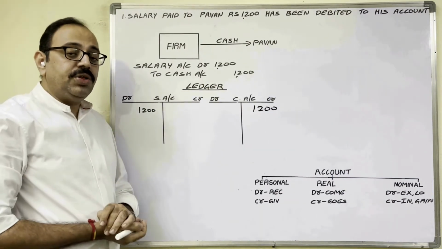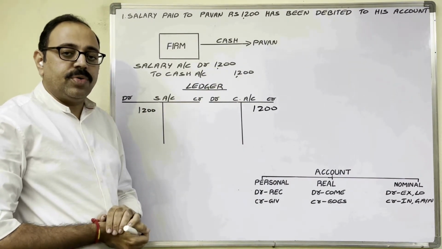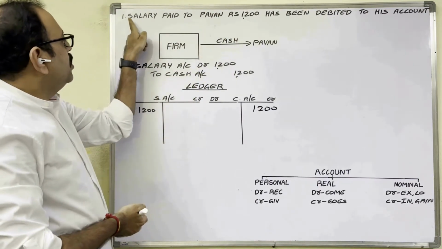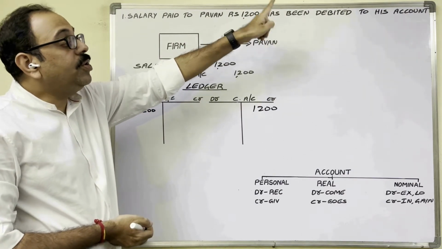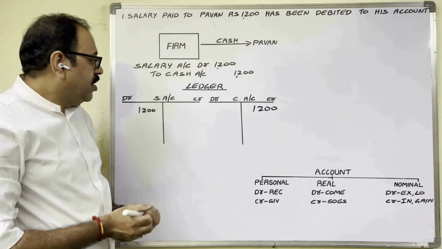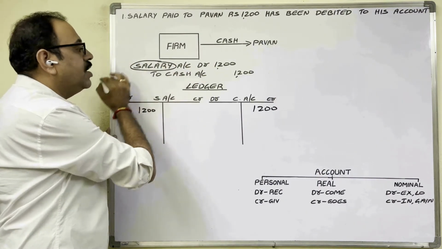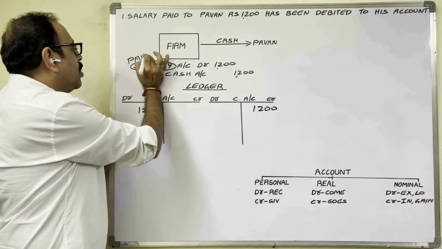Thus, first you have to think of the correct entry and correct posting. Now come to the error which was committed by the accountant. Salary paid to Pavan 1200 has been debited to his account. It means while writing the journal entry, instead of debiting salary account, the accountant debited Pavan account.